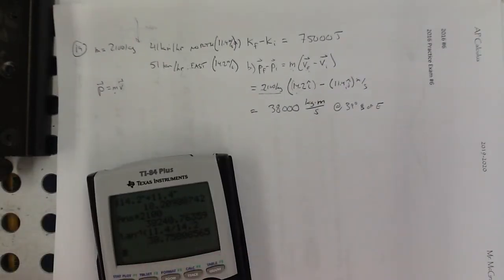All right, let's check those, see how we did. 75,000 joules, 38,000 kilogram meters per second, 39 degrees south of east. Great.